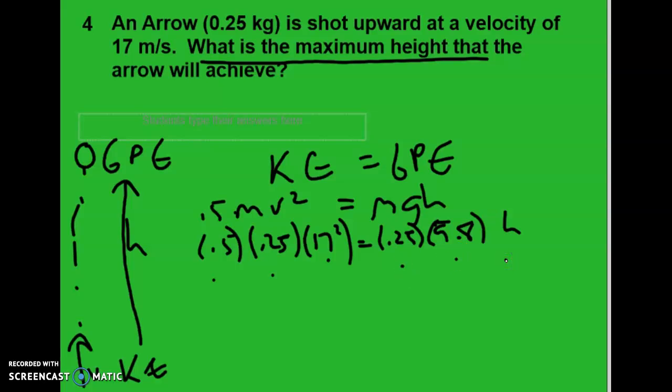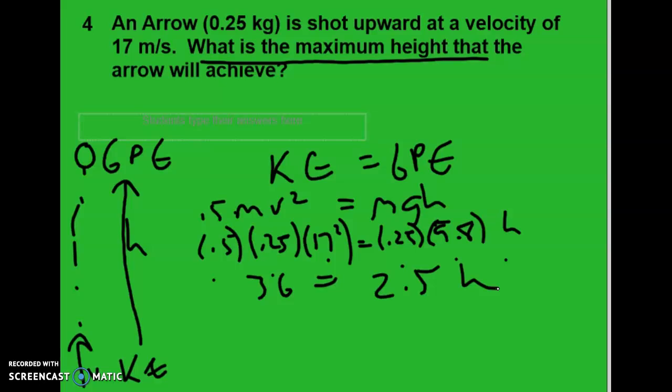So let's do the math. 0.5 times 0.25 times 17 squared is equal to 36 here. I'm just going to do whole numbers. On the right side, 0.25 times 9.8 is equal to about 2.5 times h.